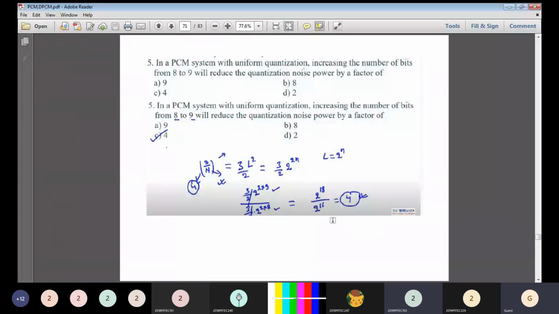If we simplify this, we get the value as 4. So option C is the answer. In a PCM system with uniform quantization, increasing the number of bits from 8 to 9 will reduce the quantization noise power by a factor of 4.